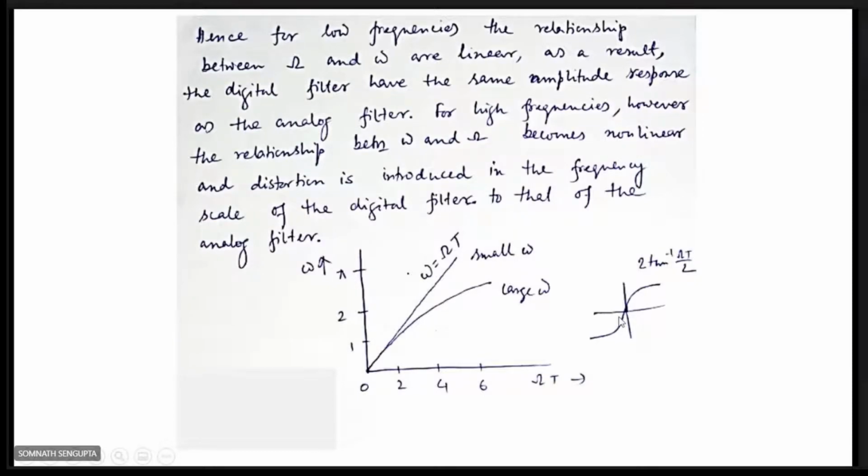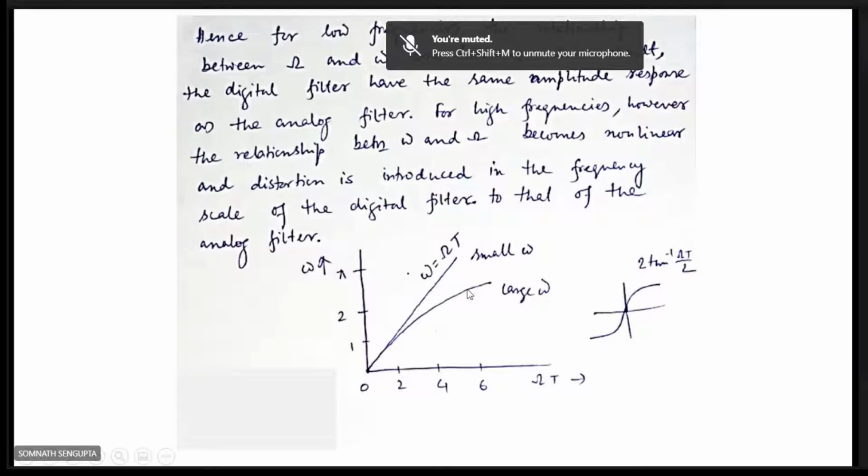If you see the positive frequency side, for small omega it is linear, but when omega is large, it no longer remains linear, it is warped. It is slightly distorted or warped, because high frequencies are also getting mapped.